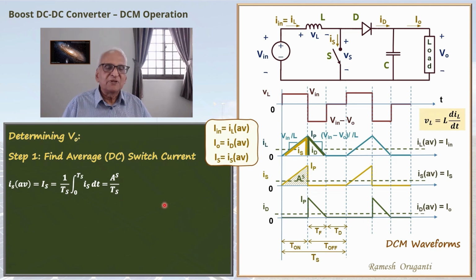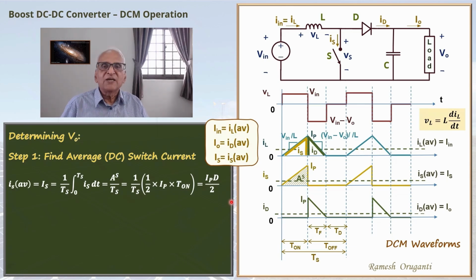AS is simply the area of this triangle, which is half IP times T on. And T on is DTS. So TS and TS will cancel and we will get IPD by 2. So the average DC current is the peak current of that waveform times the duty cycle divided by 2.